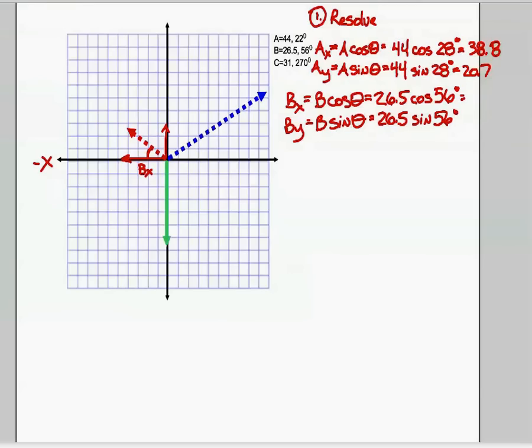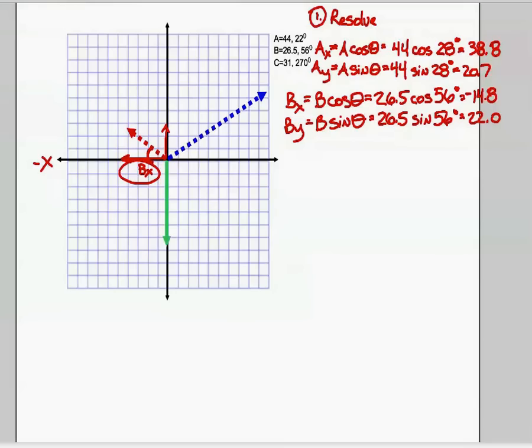Running those both through my calculator, I get 14.8 for the x component of vector B, and for the y component, I get 22 units. I talked about this negative piece and then almost forgot it here. The x component of vector B is in the negative direction, so I have to be very careful to give that 14.8 x component magnitude a negative direction.